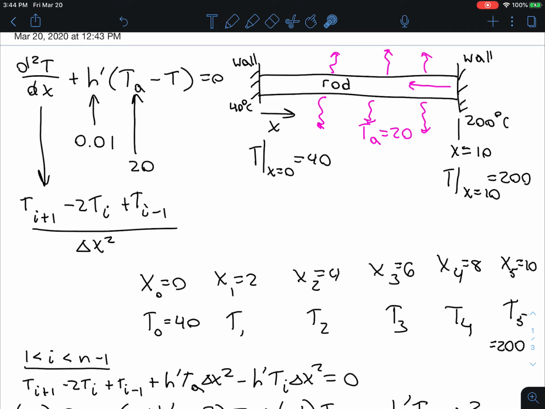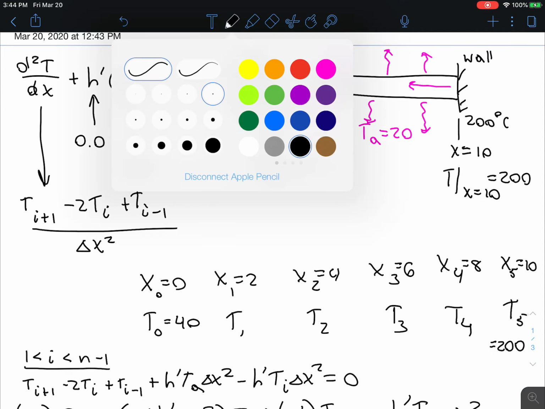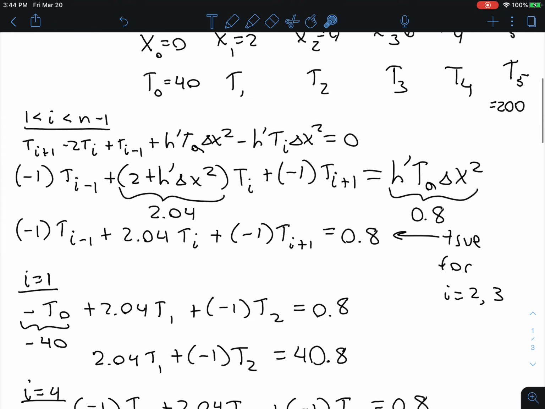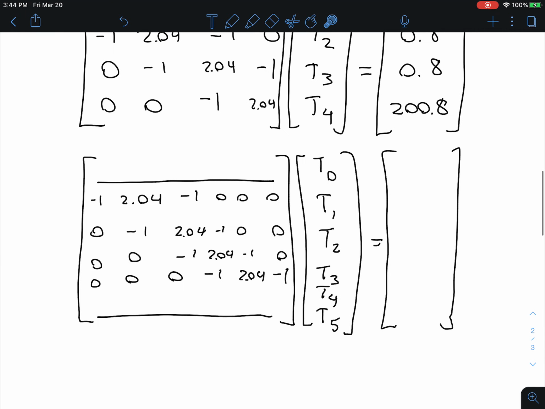I could recognize that T0 equals 40 could be considered an equation. Likewise, T5 equals 200 could also be considered an equation. So instead of treating T0 and T5 as known quantities, I could treat them as equations.